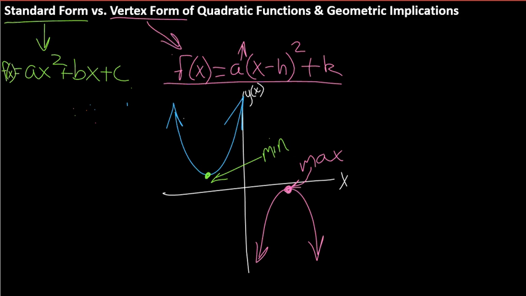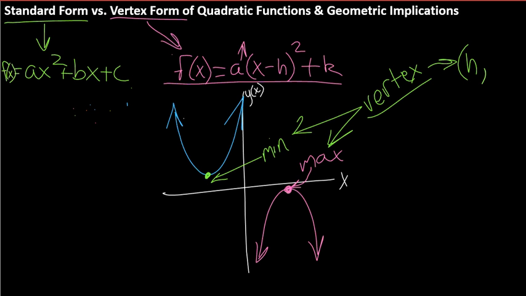Either way, these two are both a vertex. Okay? Not as fast. Come back. Okay, these both are a vertex. Okay? Your vertex is given by the point h, k. Okay, so in both these instances, this is h, k.